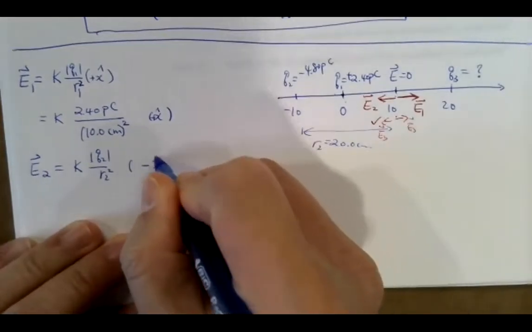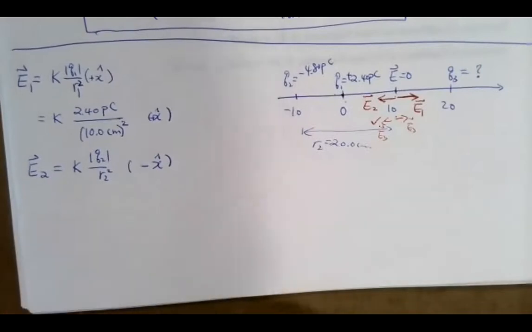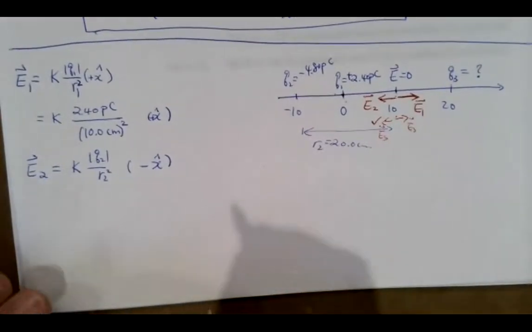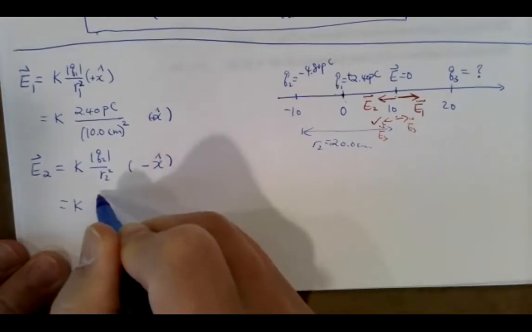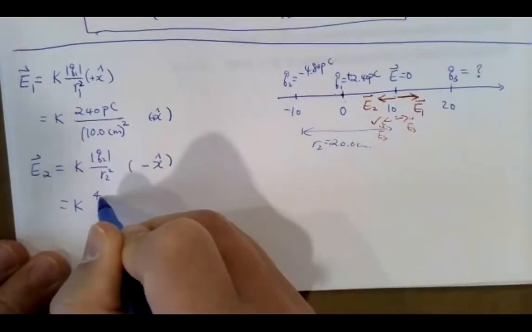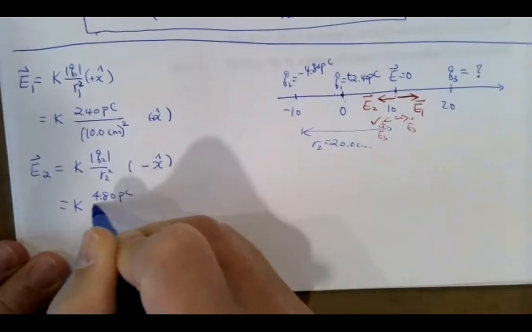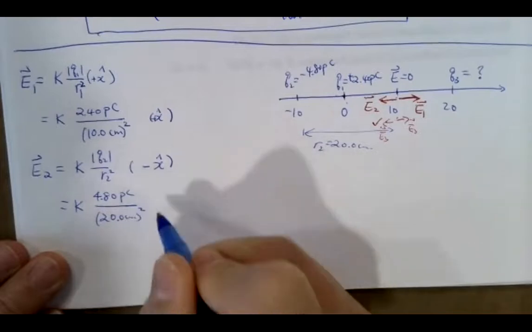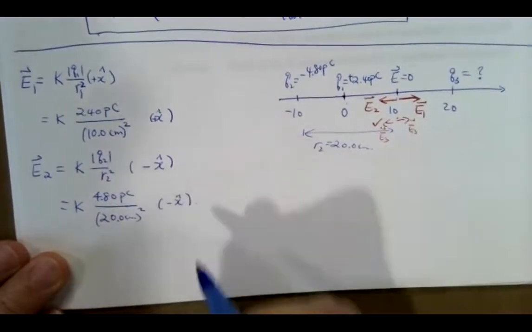That's in the negative x direction. So this will be K times 4.8 PC over 20 cm squared, in the minus x direction.